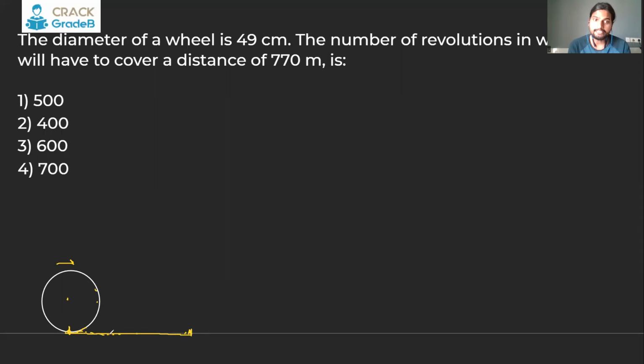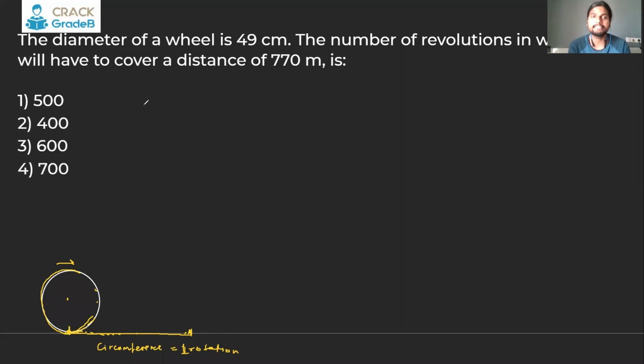That means this is the circumference, because this length should be equal to this length, since every point has touched the ground exactly once. So in one rotation, the distance traveled by the wheel is equal to its circumference.